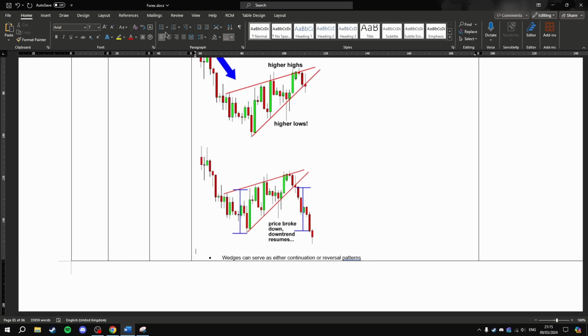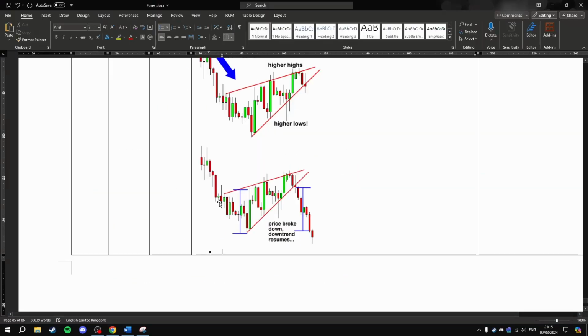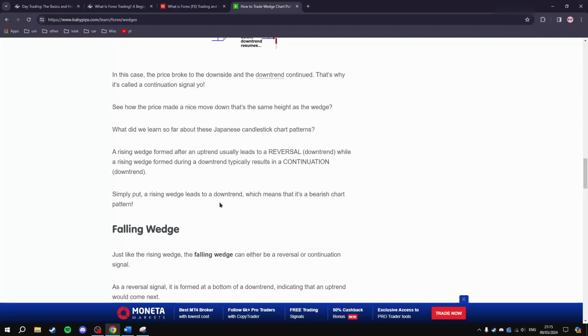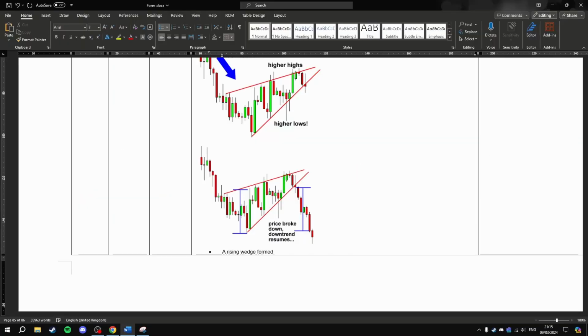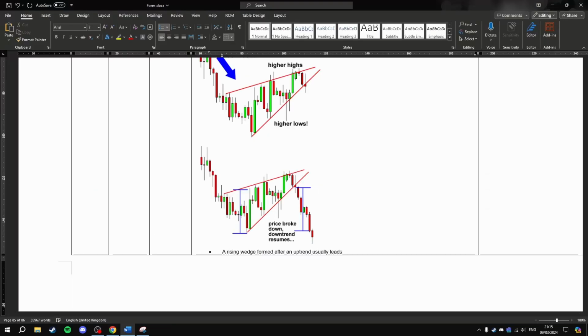So then a rising wedge formed after an uptrend usually leads to a reversal, which is the downtrend.